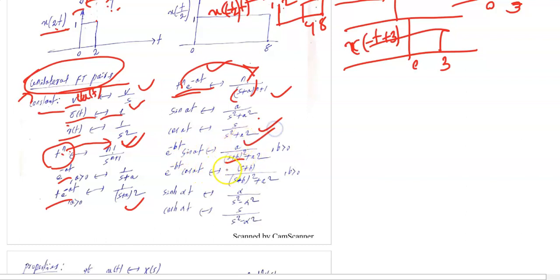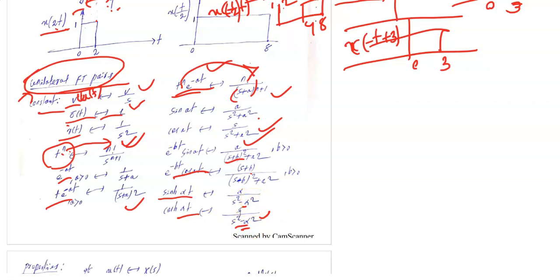Similarly for cos also, s plus b. Hyperbolic sinh(alpha t) gives alpha/(s^2-alpha^2), cosh(alpha t) gives s/(s^2-alpha^2). Remember this: it is the same as cos or sine, only the sign differs; instead of positive it is negative.